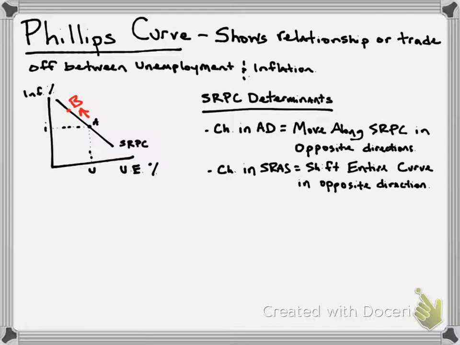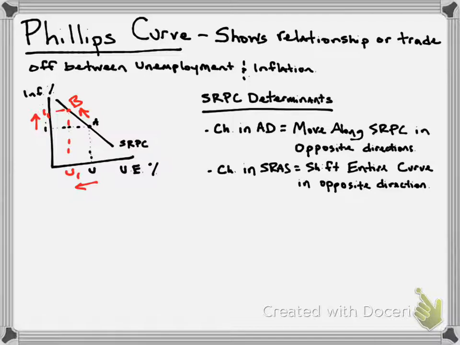If that happened, you would expect the inflation rate to increase, because the new inflation rate would be at I1, and the unemployment rate would decrease, because the new unemployment rate would be at U1. So when there's a change in aggregate demand or a change in aggregate supply, we can use the Phillips curve to identify exactly how unemployment and inflation are going to be impacted by that situation.